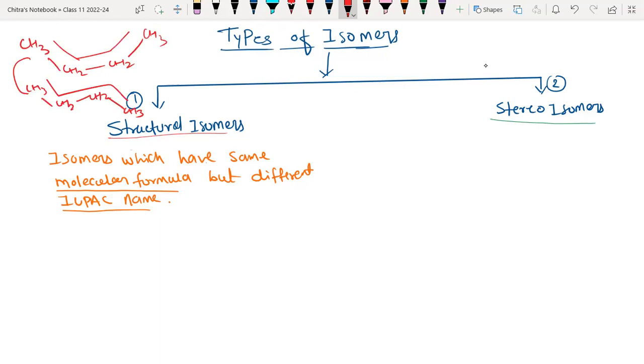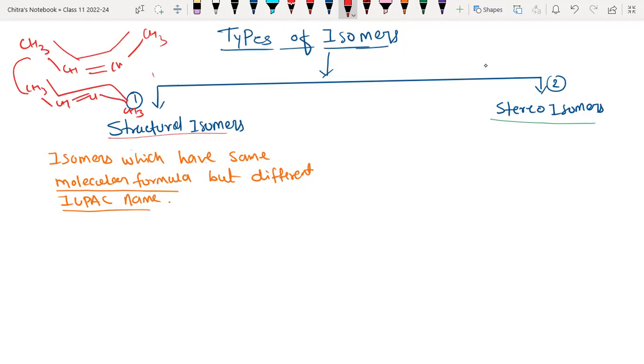Understood? So this is nothing but the orientation, but it takes place with a double bond here. So instead of CH2, we write CH here, so here a double bond and here CH3 like this. It arises due to restriction in rotation.